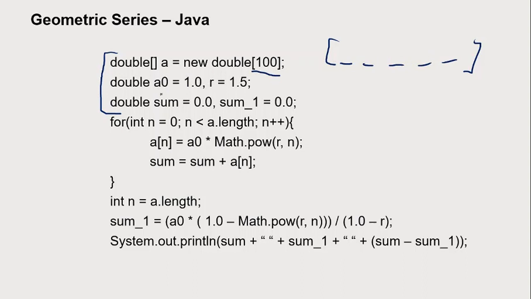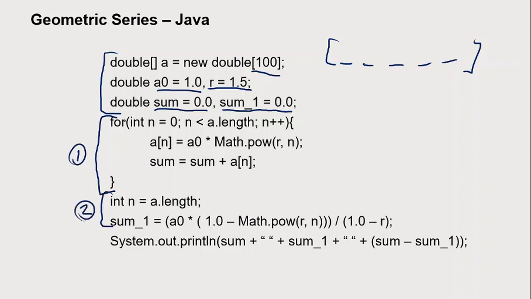Then a0, the very first value, is 1, and the ratio is 1.5. We initiate two other variables which at the moment will hold the value 0. We will eventually replace them with the value of the series. We have two approaches again. So this is approach number 1, this is approach number 2.